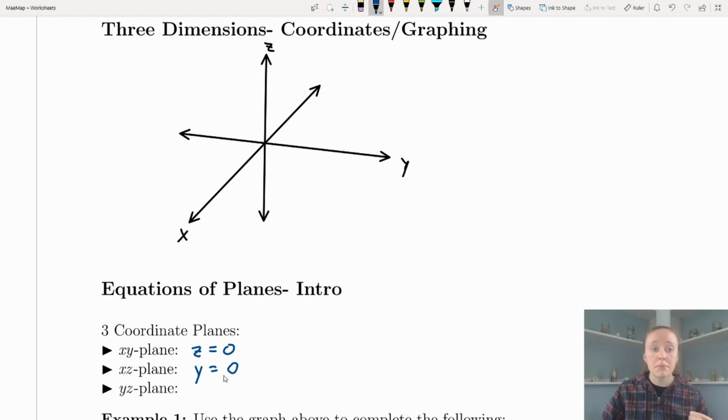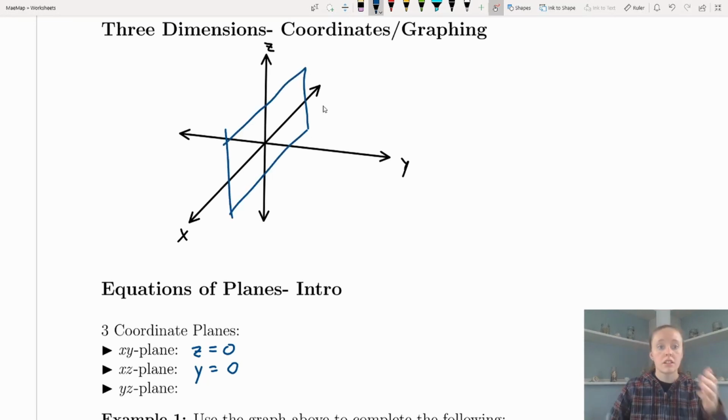So the XZ plane, if Y was 0, this is our Y axis along here, and Y is 0, so it's not going to move along this axis. So we'll simply have our plane there, and you can see that that's just that slice. If I was to essentially look at XZ without Y, it's just that slice that's perpendicular to Y, but it does not move along Y because Y is 0 for that XZ plane.